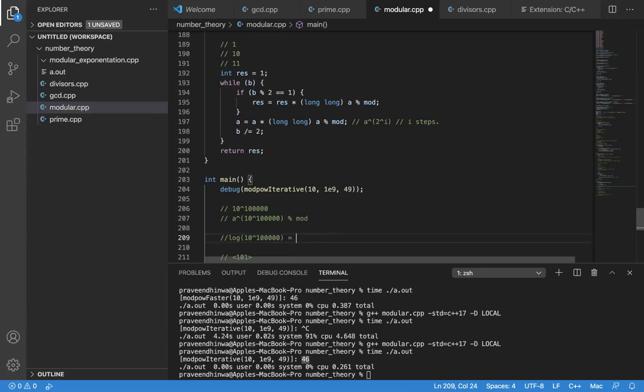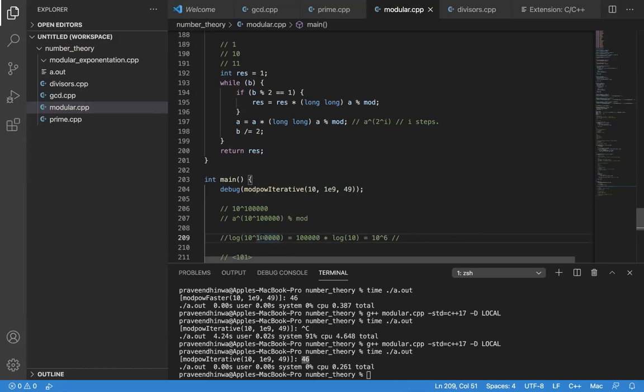Log of a power b is b times log of a. That property, yes. So this will become this times log of 10. So this number is approximately around 10 power 6. So if you can write this number 10 power 10,000 in binary, then you can solve this problem.